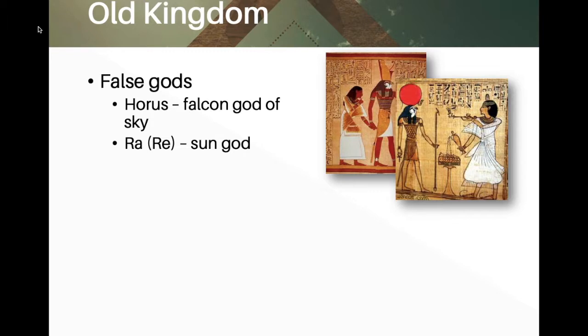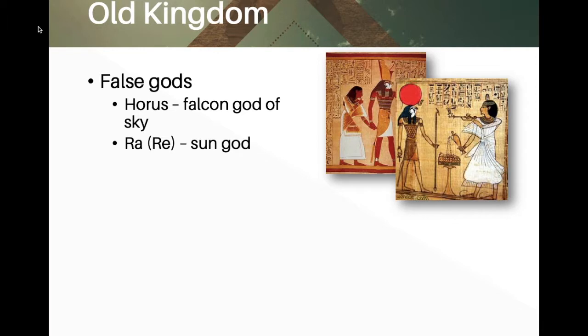He was worshipped more than any other god, and the pharaohs always tried to connect themselves to Ra, wanting to show basically that they were the earthly manifestation of Ra, even though they were connected through Horus, the falcon god.